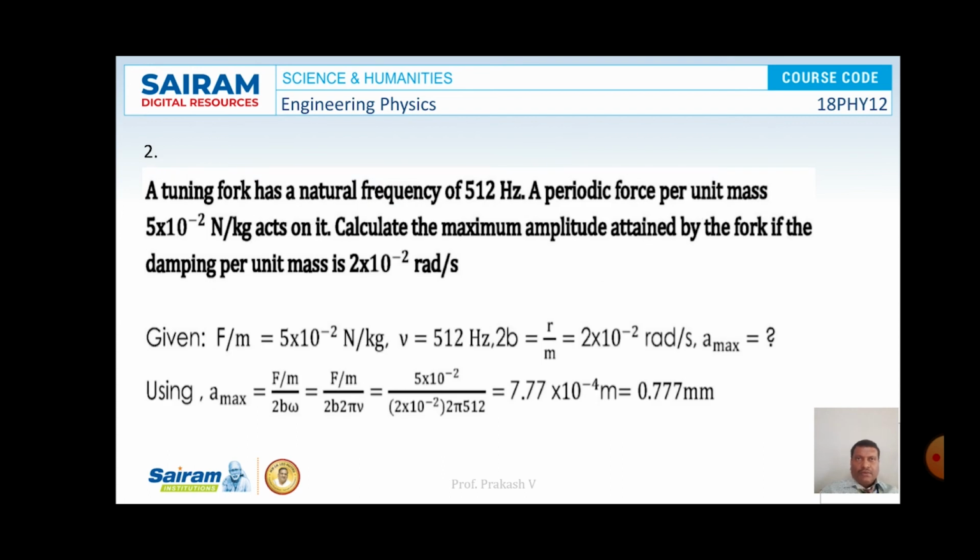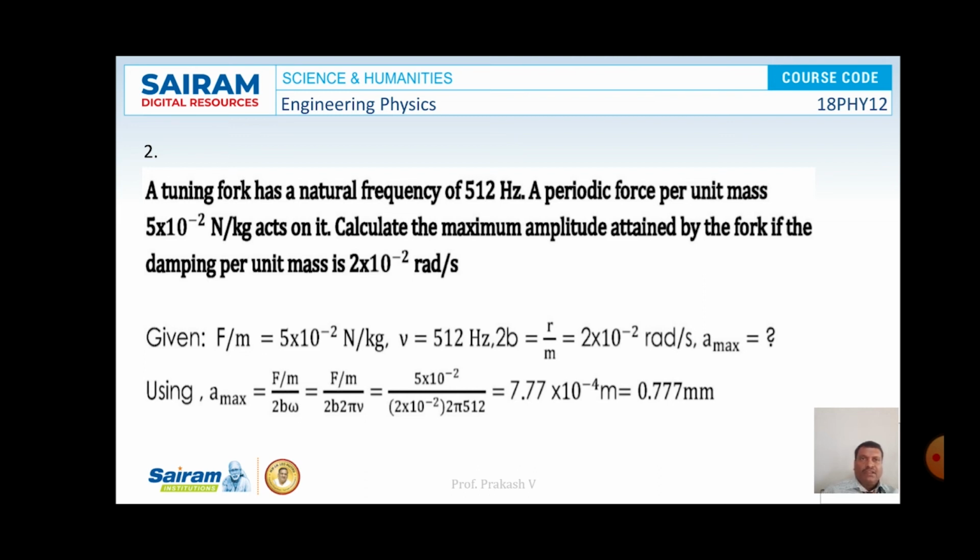The second problem: a tuning fork has a frequency of 512 Hertz. A periodic force per unit mass, that is 5 into 10 to the power minus 2 Newton per kg, acts on it. Calculate the maximum amplitude attained by the fork if the damping per unit mass is 2 into 10 to the power minus 2 radians per second.